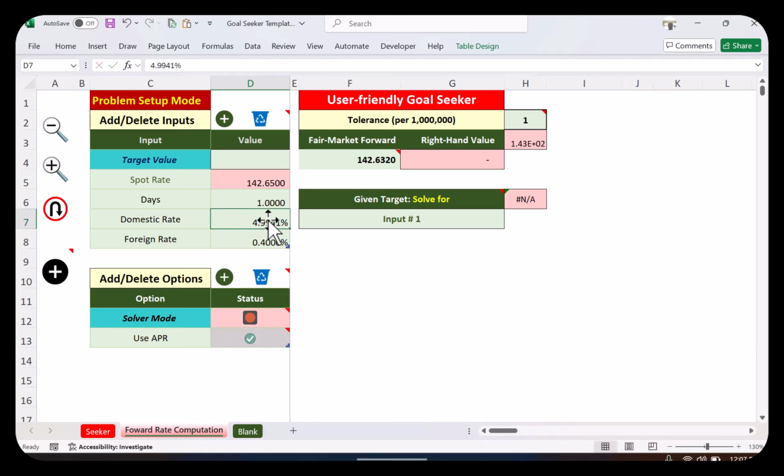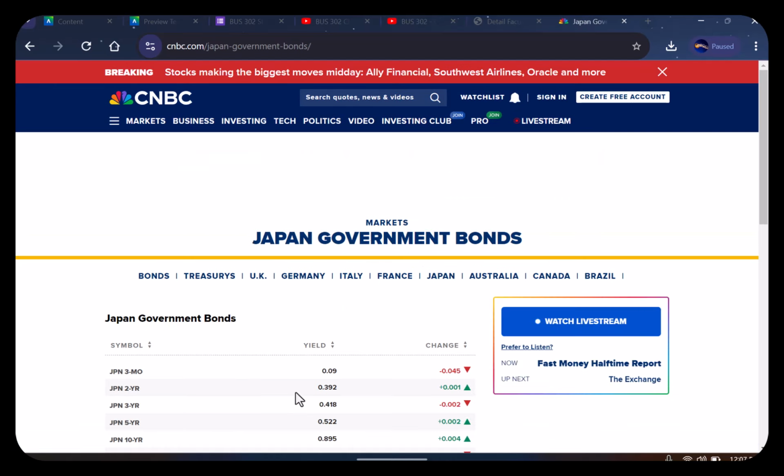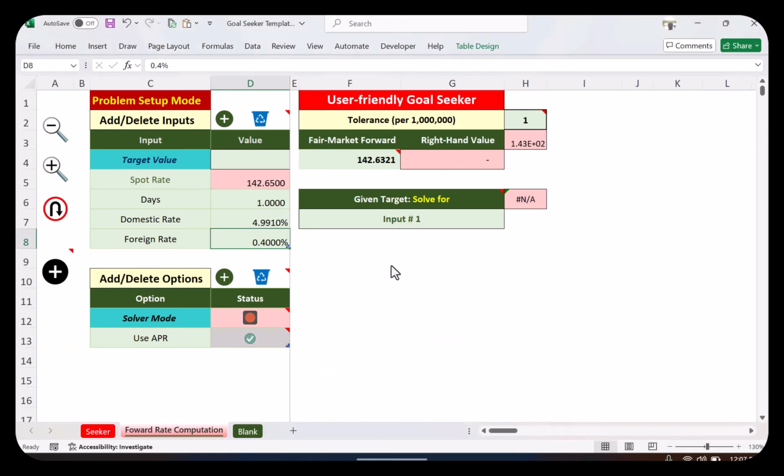Oops. 3-month Japanese is 0.09%. So it's going to be 142.63. Okay. Oh, I'm sorry. I said 1 day. That's 1 day forwards, 91 day forward. All right.